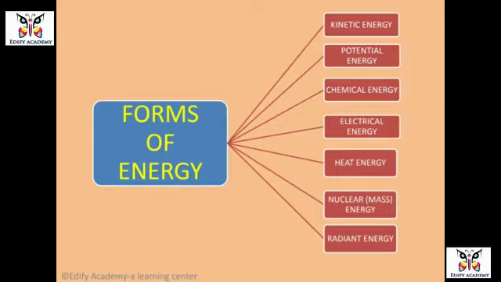We have different forms of energy readily available in our environment: kinetic energy, potential energy, chemical energy, electrical energy, heat energy, nuclear or mass energy, radiant energy, etc. It is very important to understand that conservation of energy is associated with any form of energy. These forms of energy get converted into another form, which is of our use.